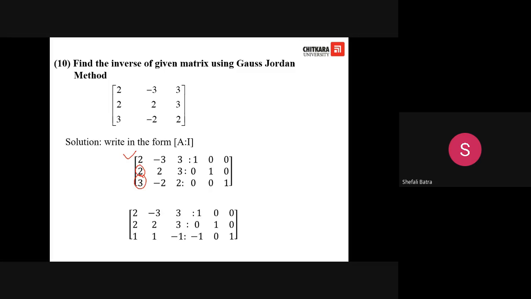So my preference is go by without fraction. So what we are doing, we are making 1 at this place. So you can write either of operation, maybe R3 implies R3 minus R2, or you can write R3 minus R1, whatever you want, right? There is no issue.